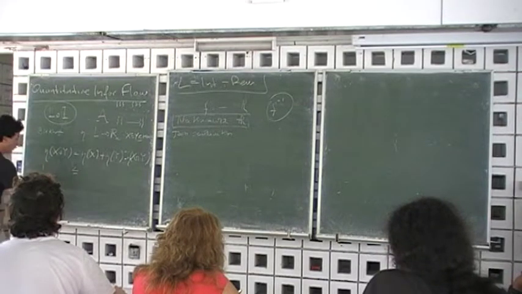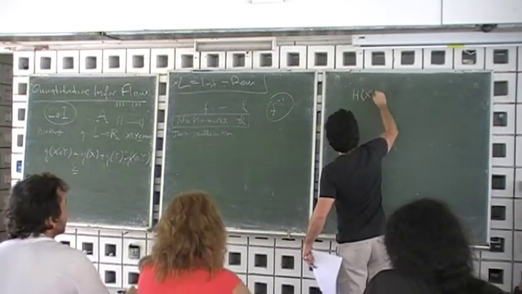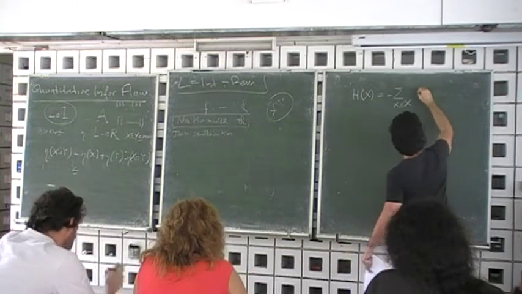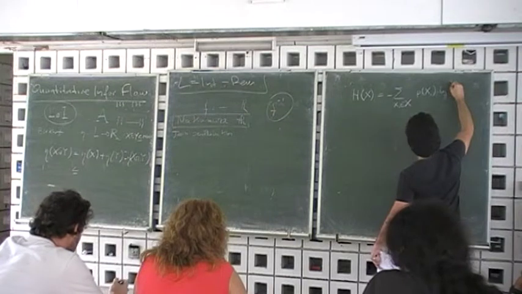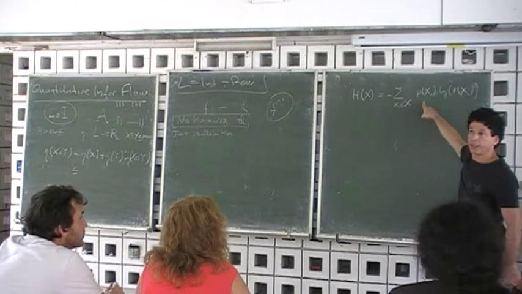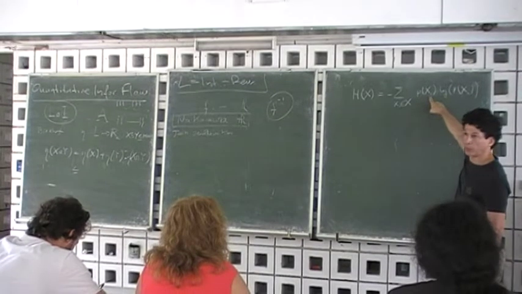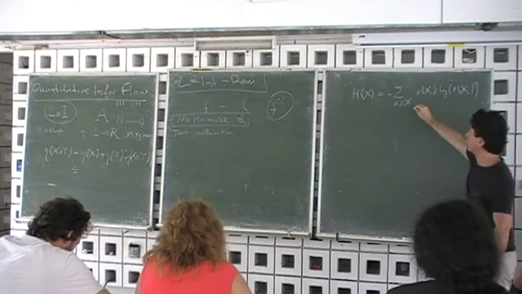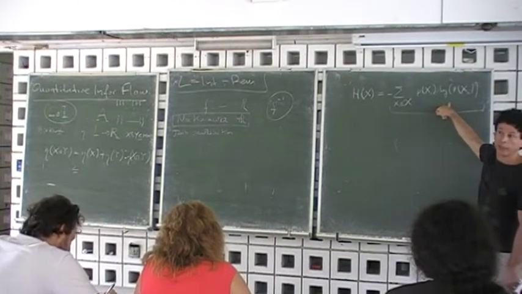So given a partition, you take each block in the partition, and then take the probability of that block times the log of one over the probability. So that's Shannon entropy, and that corresponds to the entropy of the random variable x.